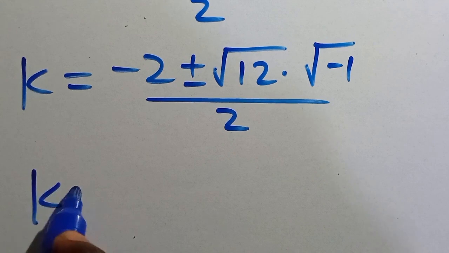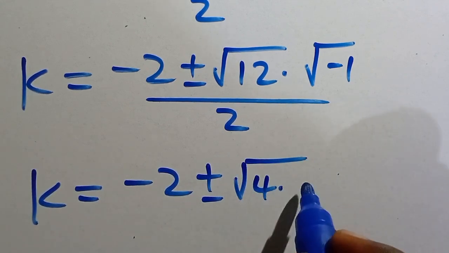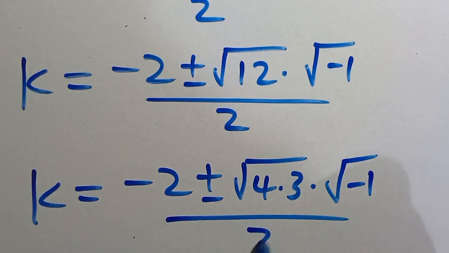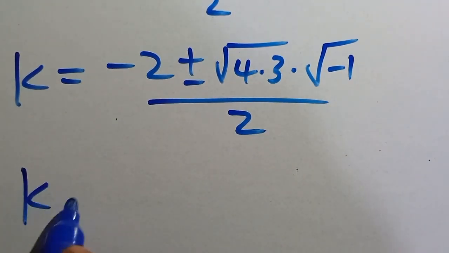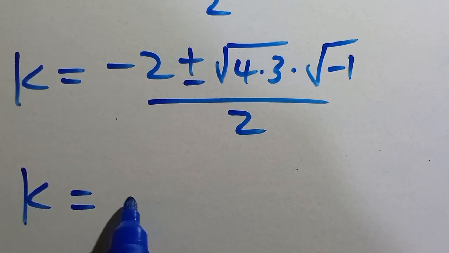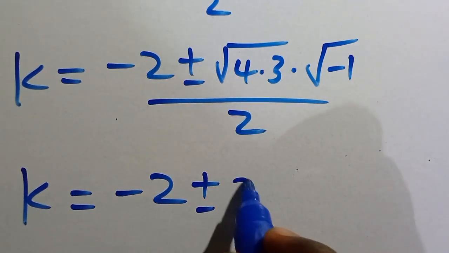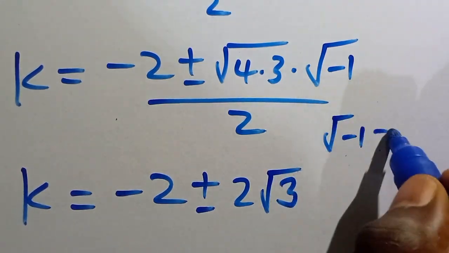So we have k equals minus 2, positive or negative, root of 4 times 3 multiplied by minus 1, all divided by 2. So we have k equals minus 2, positive or negative, root 4 will give us 2, root 3, root of minus 1 equals i.